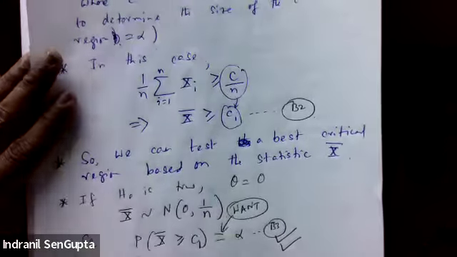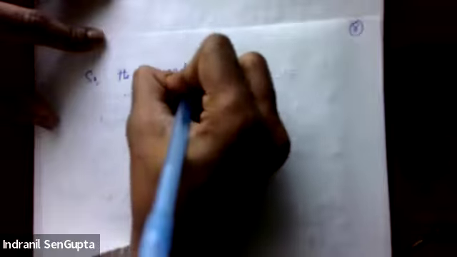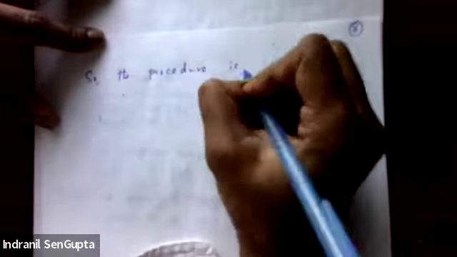Now we are almost done. With this, we can say, here is the machinery. Here is the procedure.